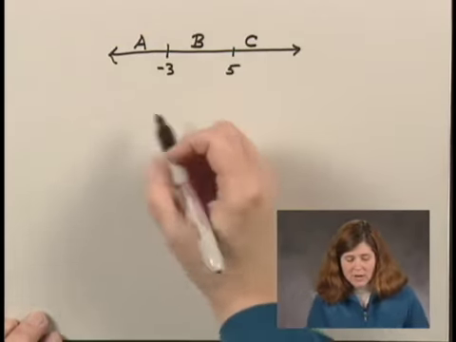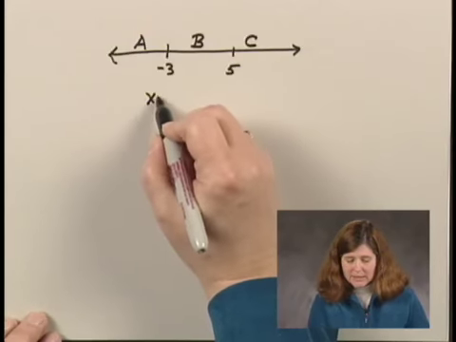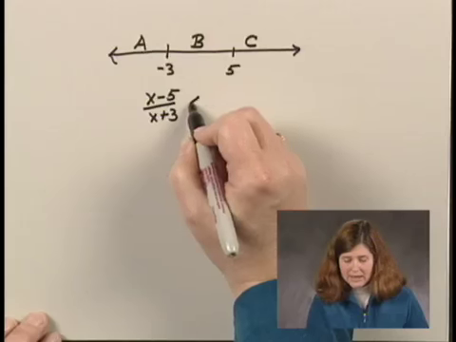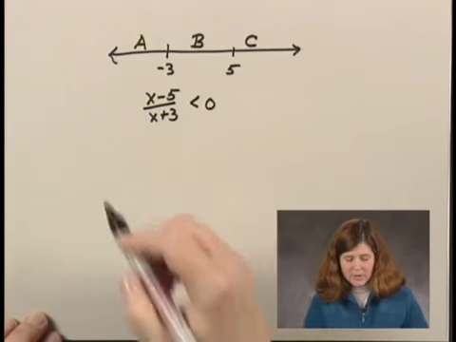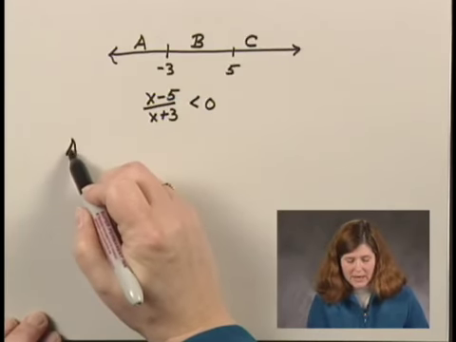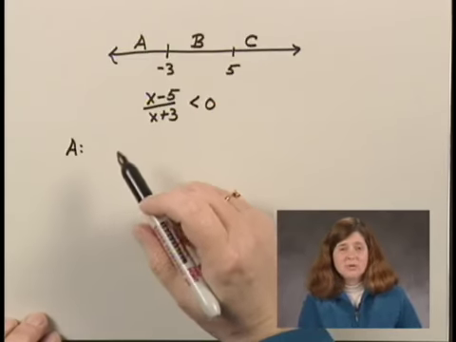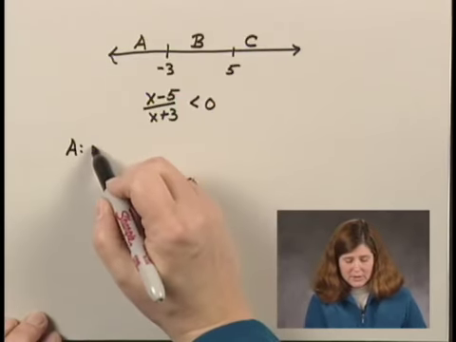The rational inequality I was looking at was (x - 5)/(x + 3) < 0. So I'll start with interval A, and I'm going to choose a number in interval A. I can choose any number. I'm going to choose -4.